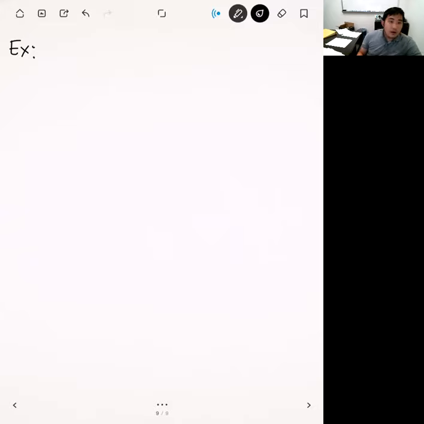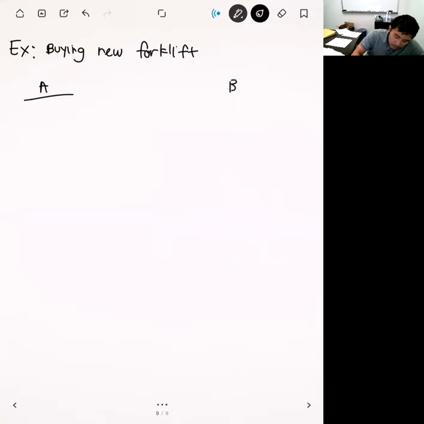Okay. And so in this example, we have maybe a shipping company or maybe a warehouse company, and they're considering the purchase of a new forklift. We have two options, forklift A and forklift B. Not very creative names, unfortunately, but they get the point across, right?